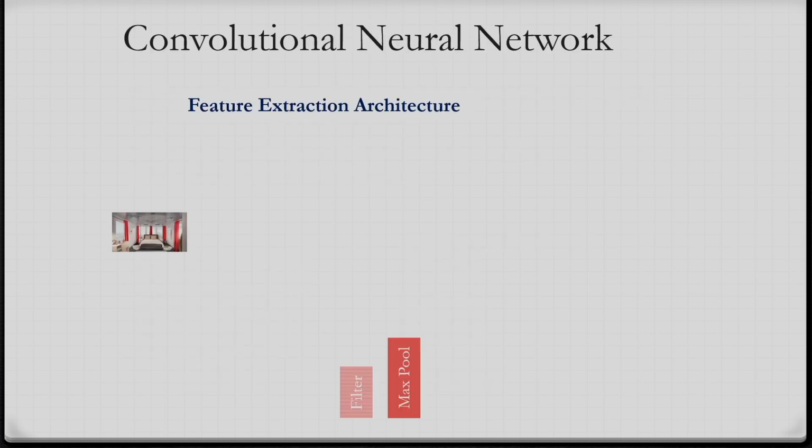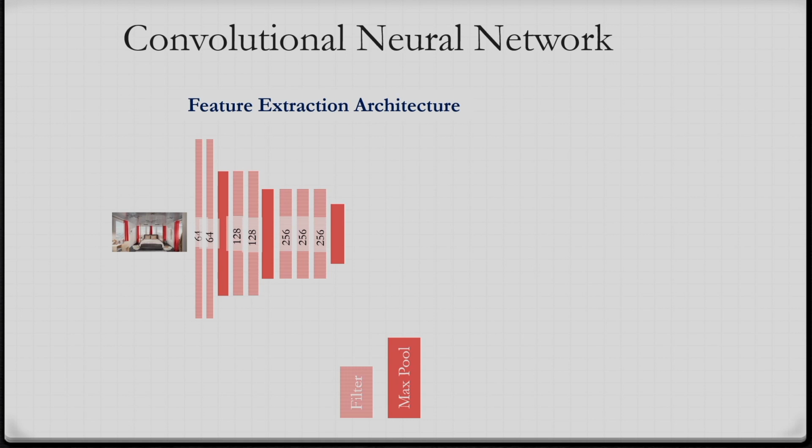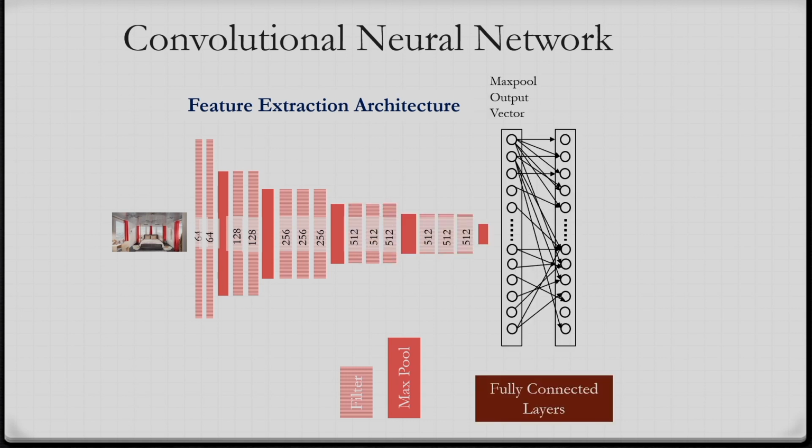Here I am showing one structure of a convolution neural network. Here I am only considering the filters and the max pool. Corresponding to this input image, I am considering a number of filters in the convolution layer. First this represents the filter and this represents the max pool.